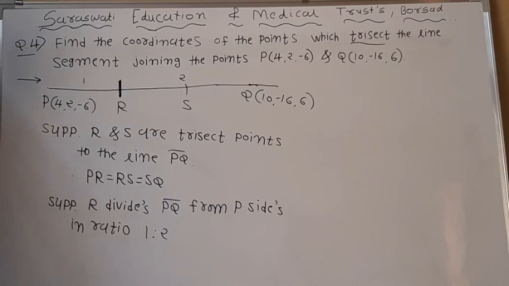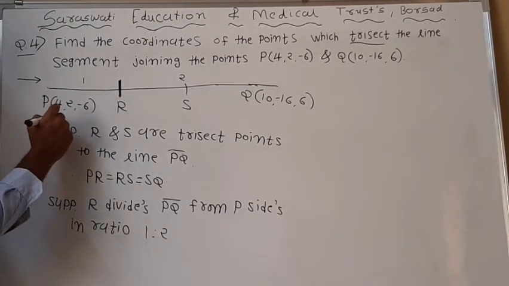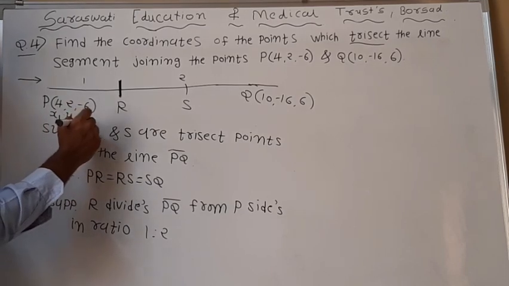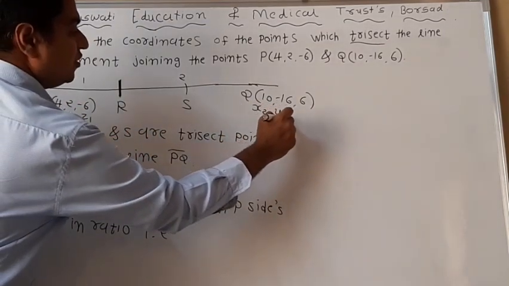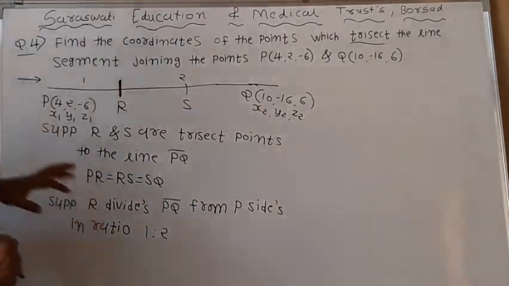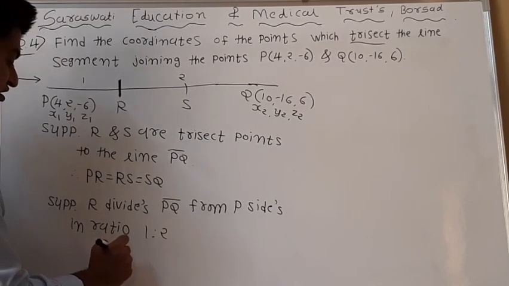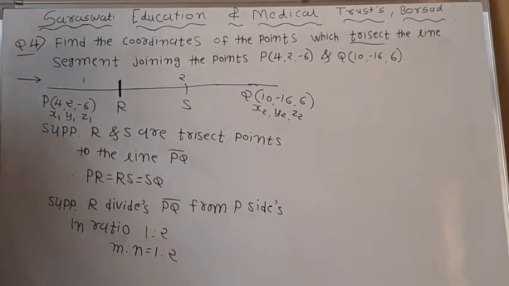Now P coordinates are x1, y1, z1, and Q coordinates are x2, y2, z2, and the ratio m:n is 1:2.